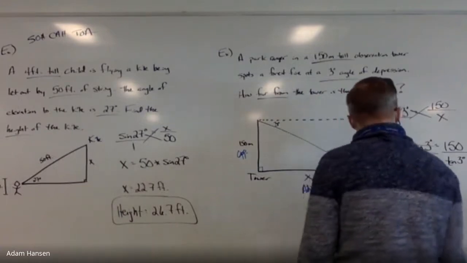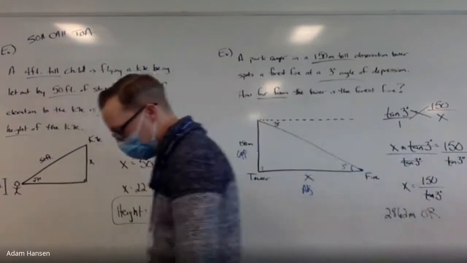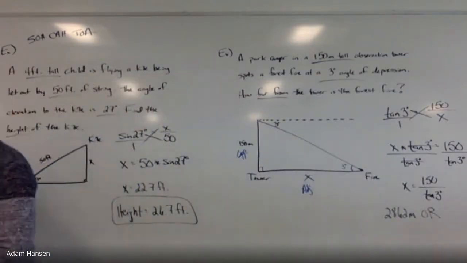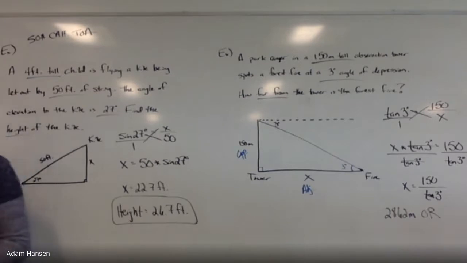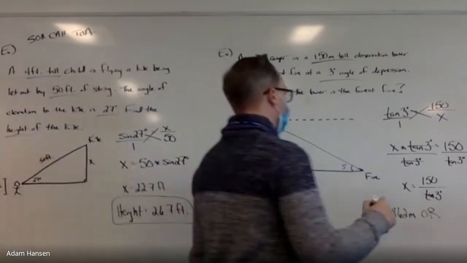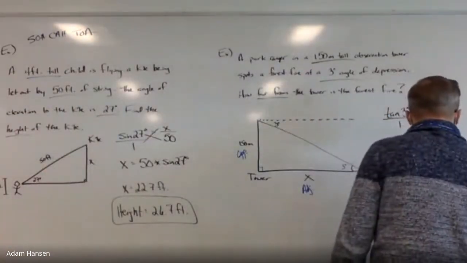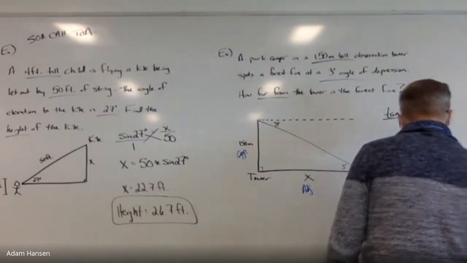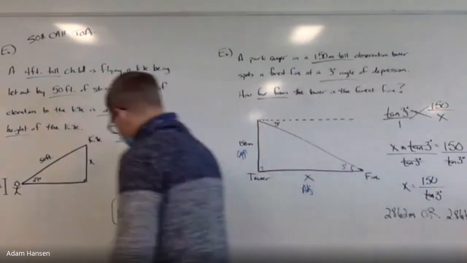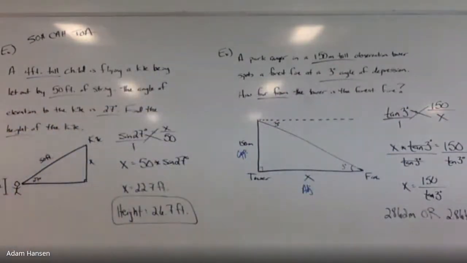What would that be in kilometers? How many meters are there per kilometer? 2.8622. So roughly 2.8 or 2.9 kilometers. Just under 3 kilometers away is the fire from the tower.